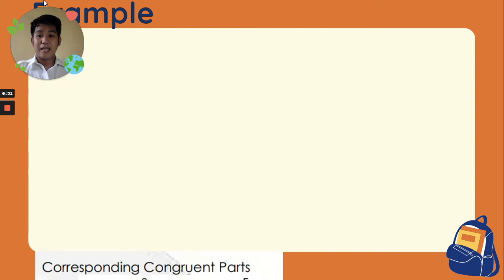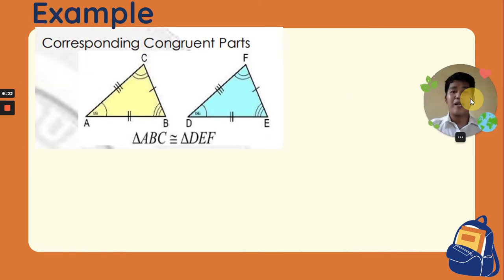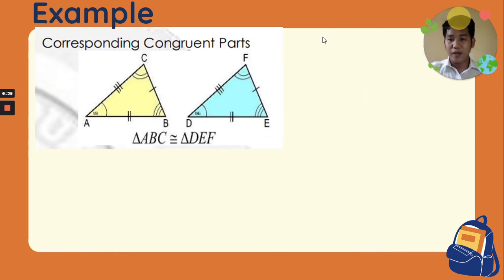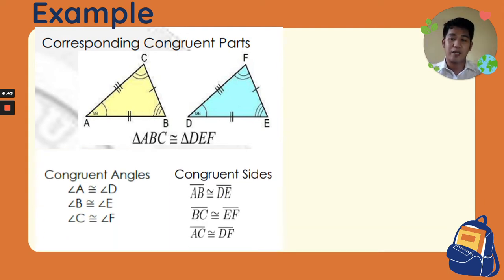So an example, let's say this, corresponding congruent parts. So we have triangle ABC is congruent to triangle DEF. Okay, so what are the corresponding congruent parts?